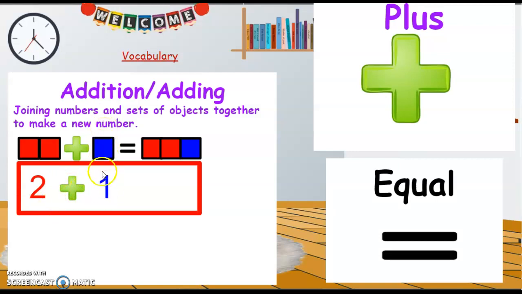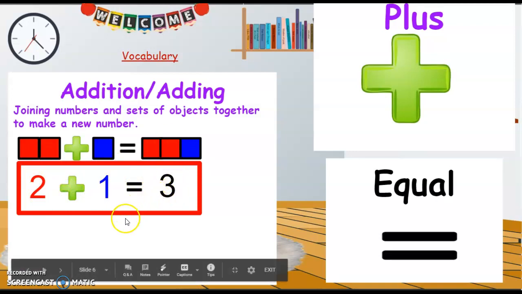Our next group has 1. And equals 1, 2, 3. So when we joined our first group and our second group together, we got the number 3. Our number sentence says 2 plus 1 equals 3.